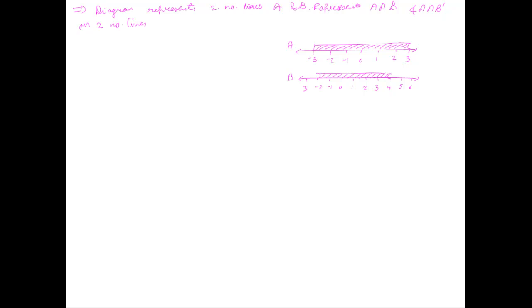Now, children, first let's write down in the set builder notation what's A, what's B, and then let's get A intersection B and A intersection B complement, and then let's graph it.